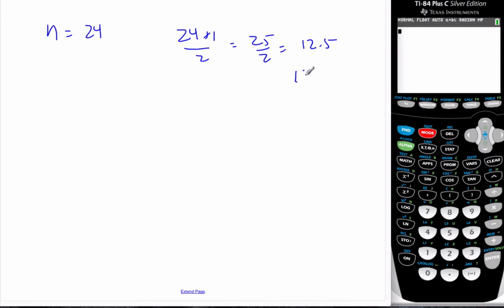That would mean I would look at the 12th and 13th positions and average the two together to get the median. If I get this decimal, a half, then I average two numbers, which happens when you have an even number of n. But that process, adding 1 and dividing by 2, is a quick, easy way to find the middle value.